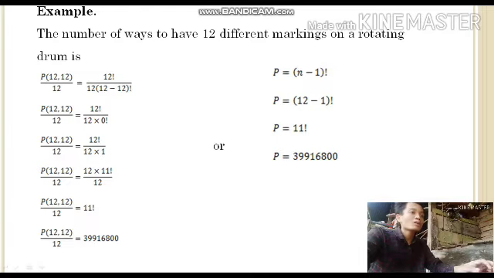Hence, it equals 12 factorial over 12 times 1, which equals 12 times 11 factorial over 12, which equals 11 factorial. Or we can use this: the number of circular permutations is equal to (n minus 1) factorial, so (12 minus 1) factorial equals 11 factorial.